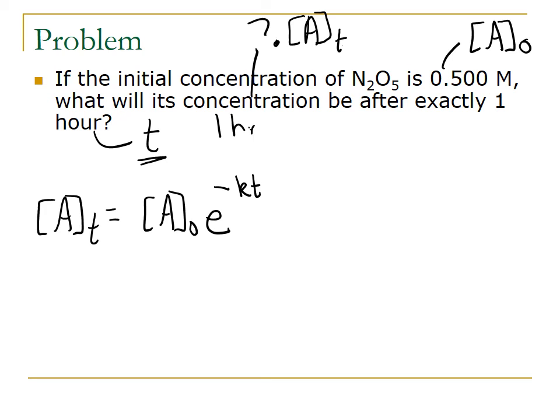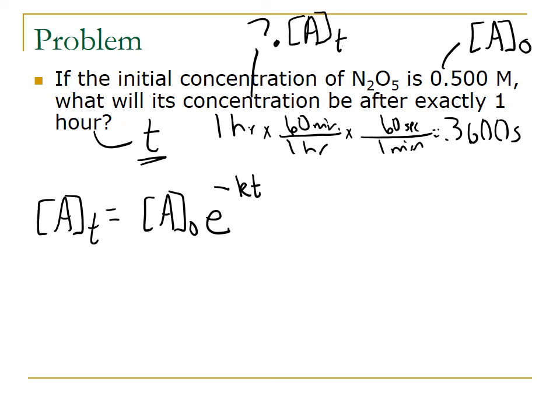We can say that 1 hour, there's 60 minutes. And in every minute, there's 60 seconds. So that's 3,600 seconds. Okay, there we go. All right, so now we have all of the parts so that we can go ahead and enter it into this equation.